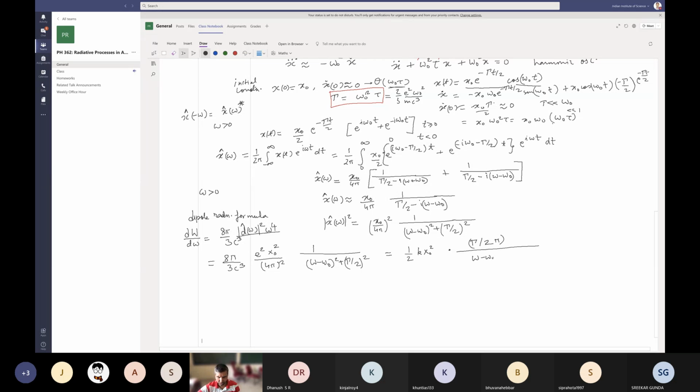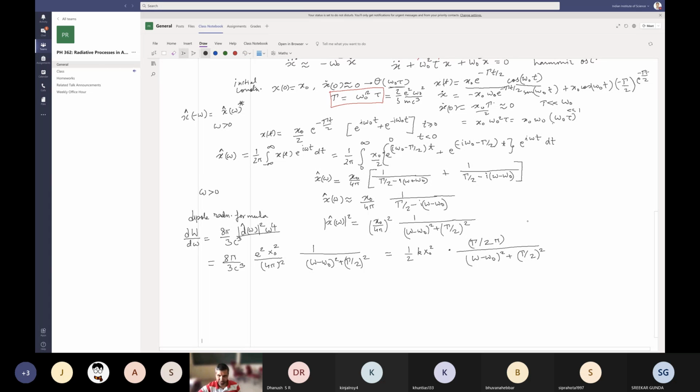Omega minus omega naught squared plus gamma by 2 the whole square.